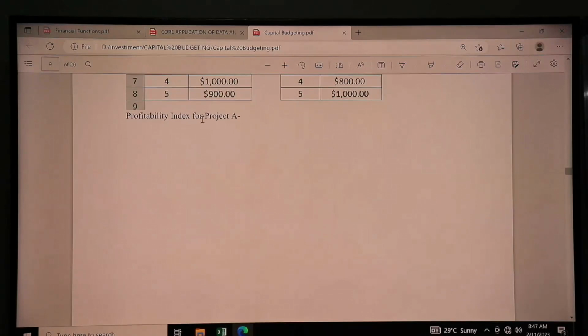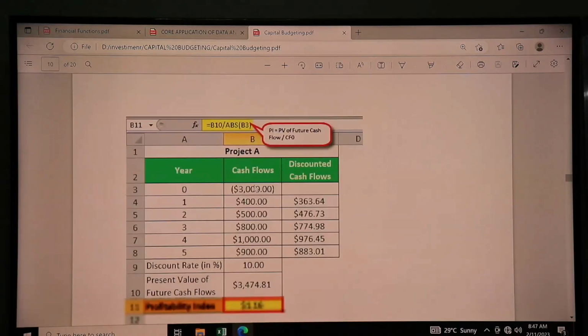The profitability index for project A is computed using a formula. I think there is somewhere you did profitability index, so you need to use the formula that you used in class. Here it is the same formula in a different way: profitability index is equal to the PV of future cash flow divided by cash outflow.